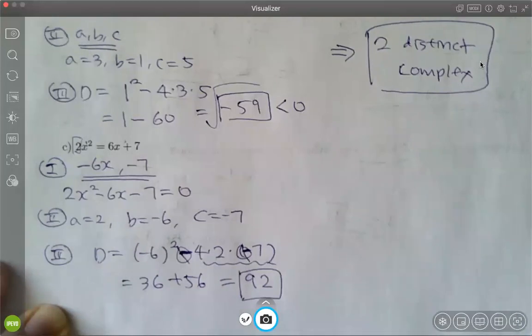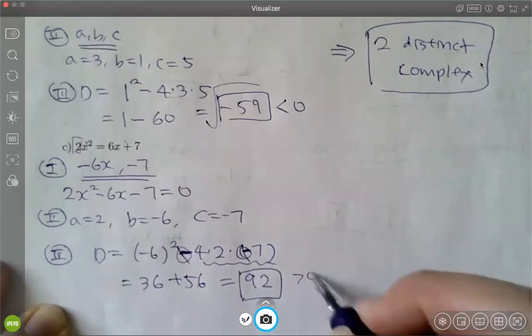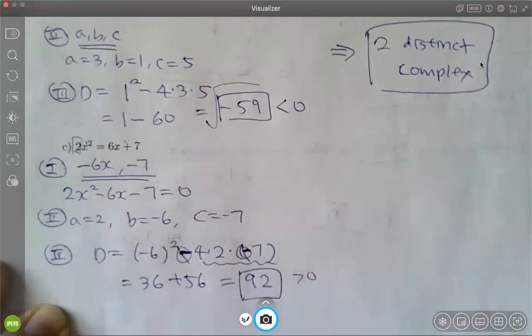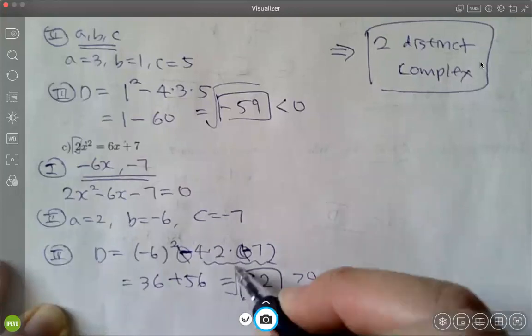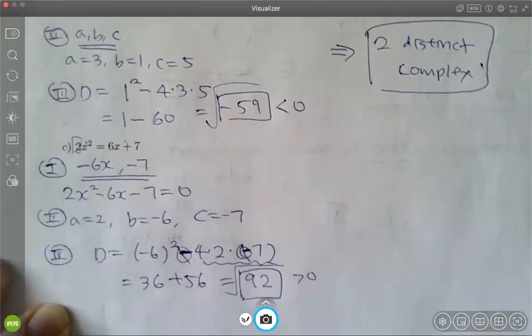Okay, so now we have a positive discriminant. So in the quadratic formula, we will have square root of 92. Okay, so now the question is what? Can we remove this square root of 92 in the quadratic formula, not the discriminant, or we can't? In other words, is 92 a perfect square or not a perfect square? It's not, right?